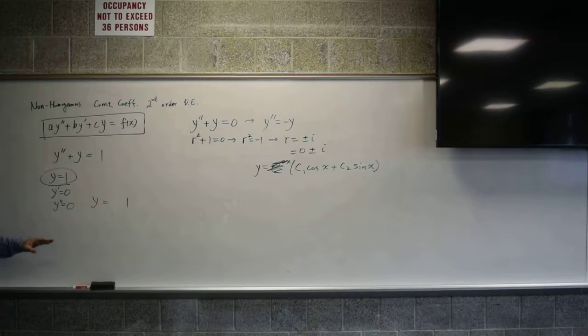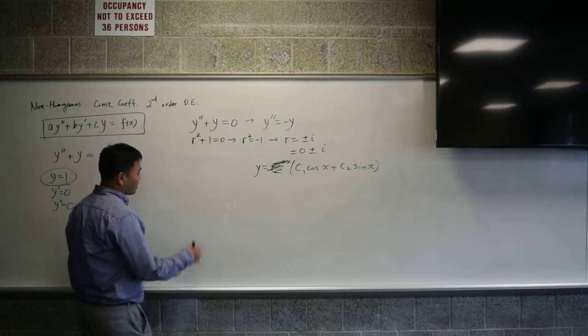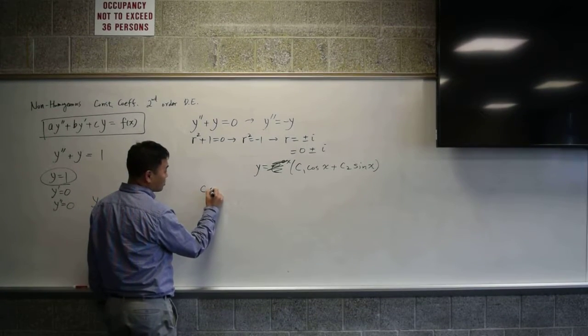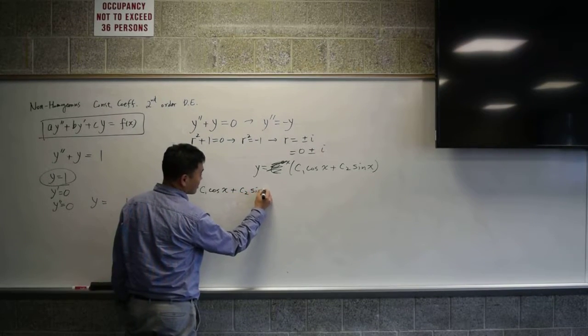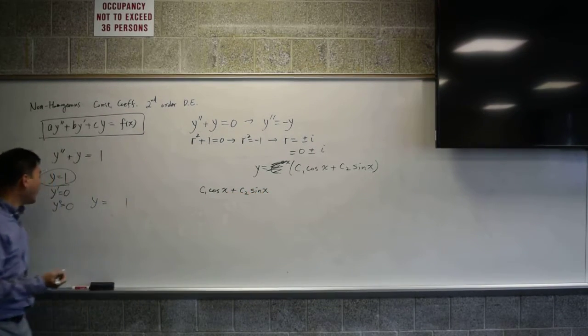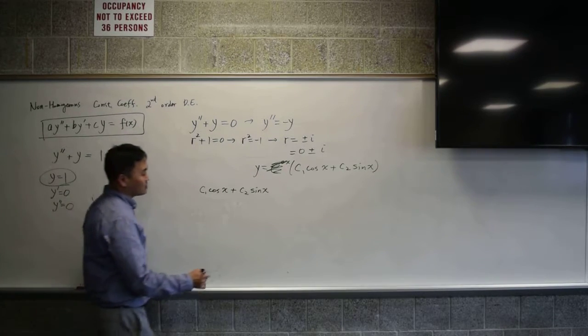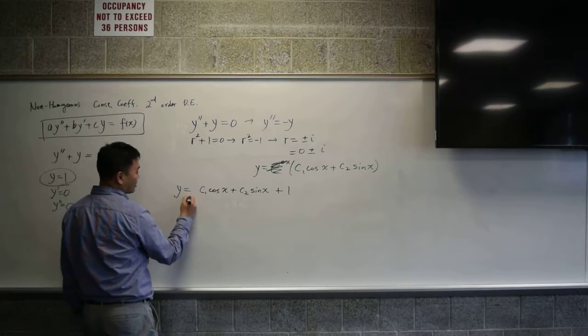And what does that have to do with this, you might ask? This is how they're related. All you have to do is take that complementary solution and add to it this one particular solution you found, and call that y.